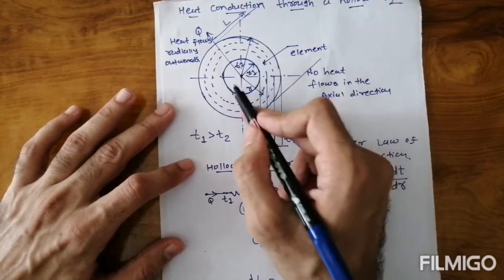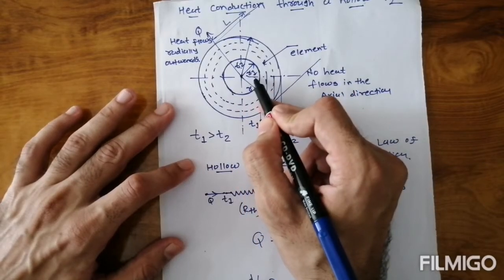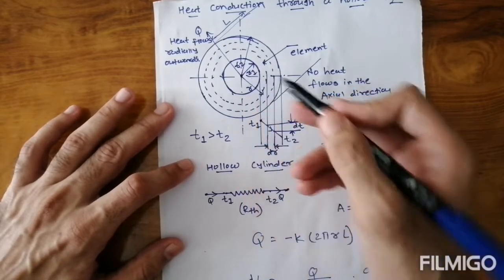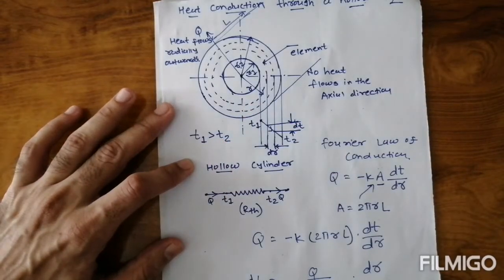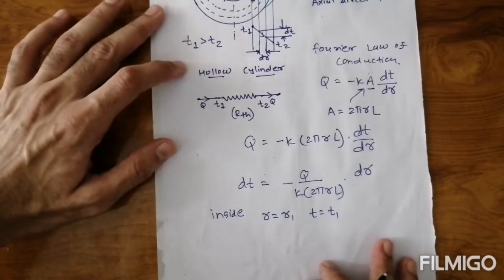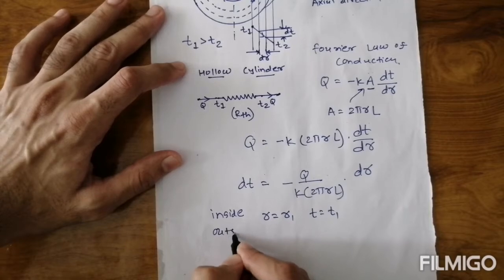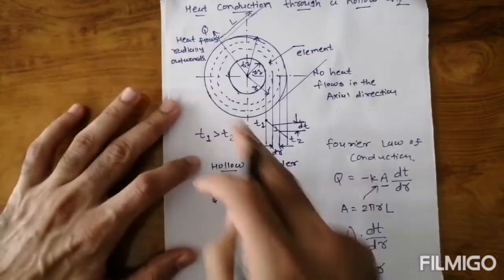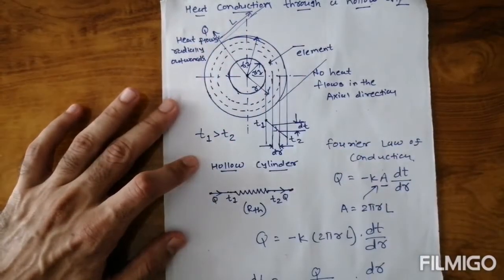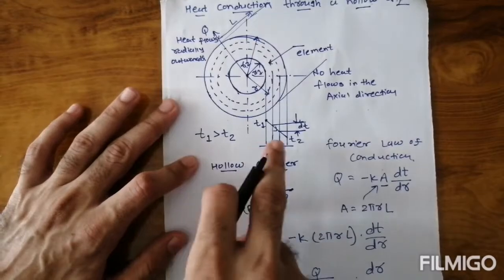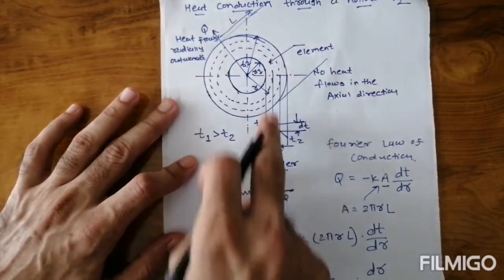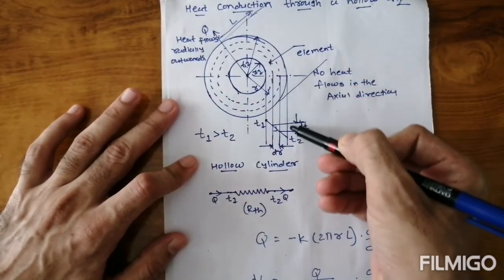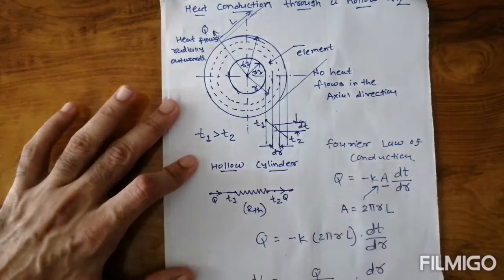For the inside condition, R is equal to R1 for that element, and our temperature is T1. So T1 is the inside temperature. Similarly, we consider the outside condition. The outside cylinder has radius R2, and the temperature is T2. So the outside temperature is T2.